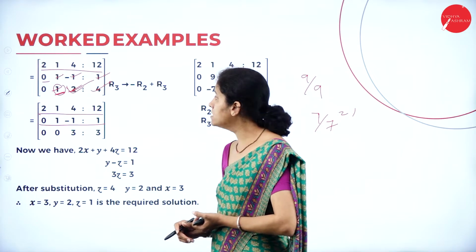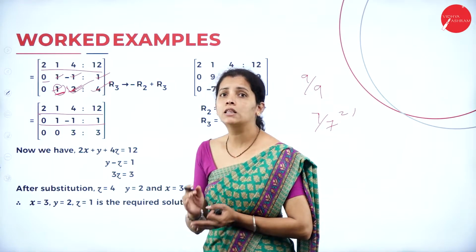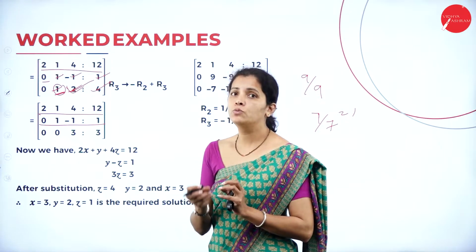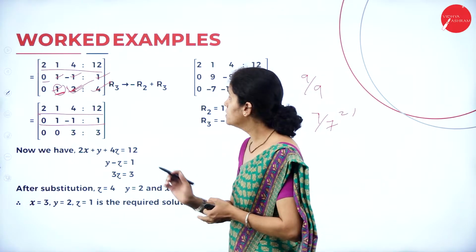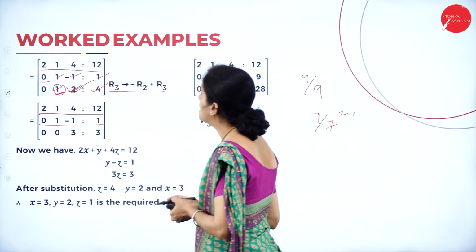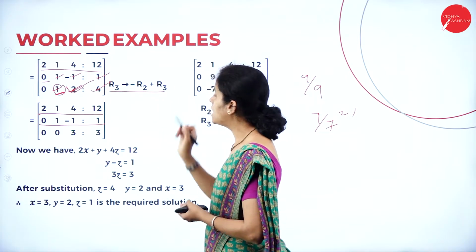And to modify this value, I require only R3. That means I'm just going to make R3's second element 0. So I'm going to construct the formula, that is R3 equals minus R2 plus R3.